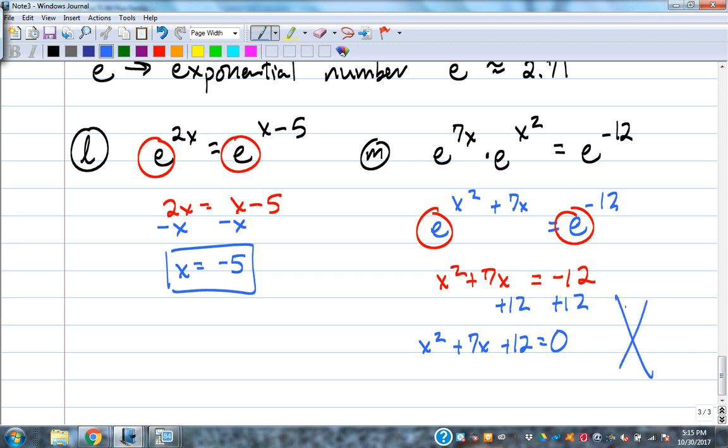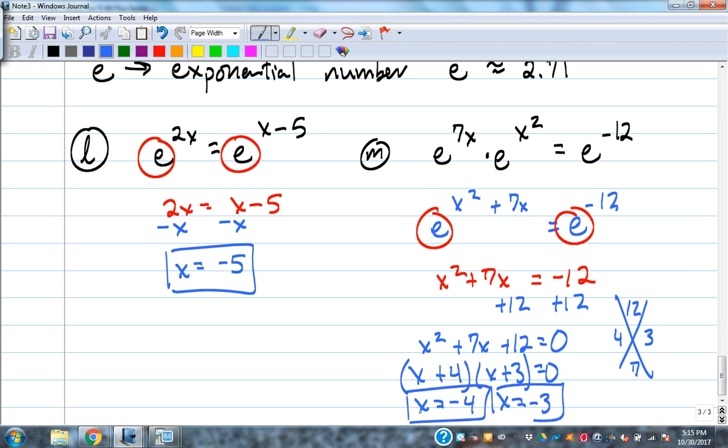Or I could factor it. 12 and 7. 4 and 3. So that's x plus 4, x plus 3. And then solve those. I get x equals -4, x equals -3. And that's section 6.3.